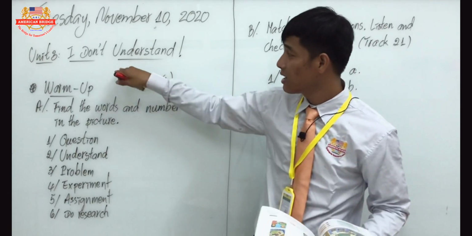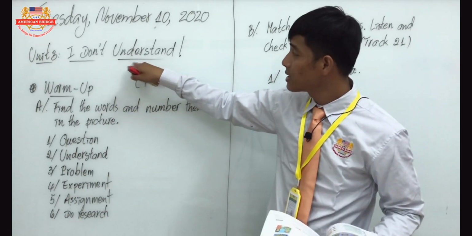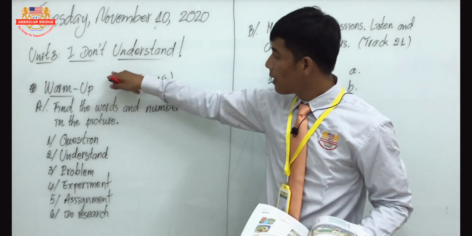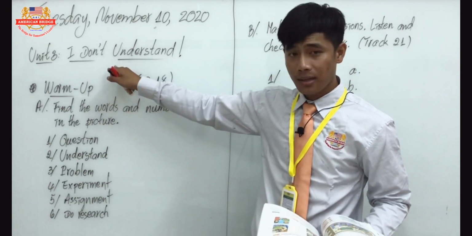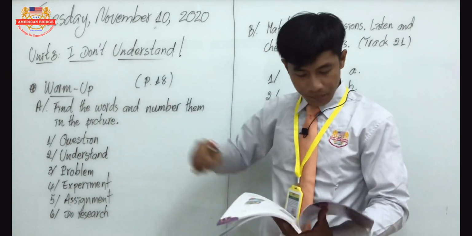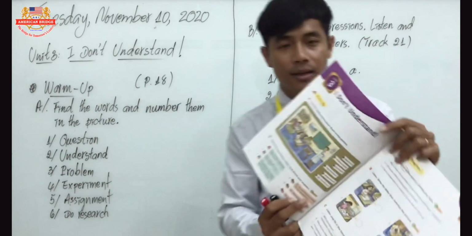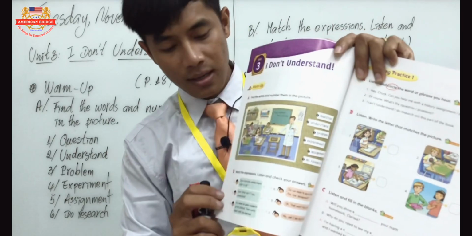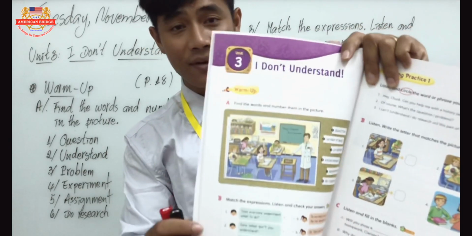Then you will see the lesson that we are going to learn today. This is Unit 3, the new unit for our lesson today. Have you reached this page yet? Okay, page 18. Then you will see the topic that we are going to learn today.